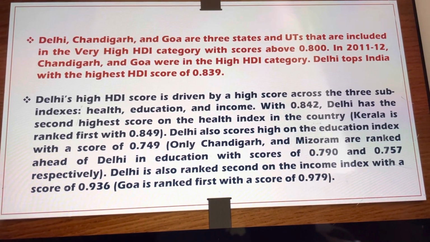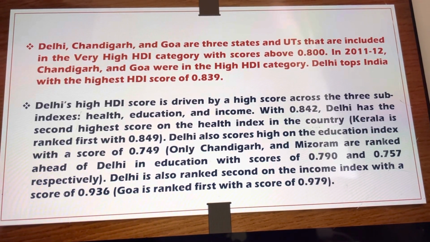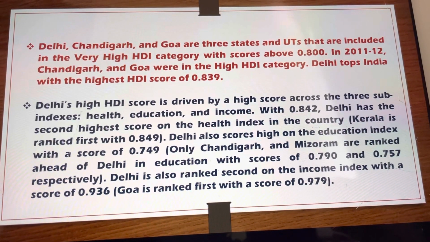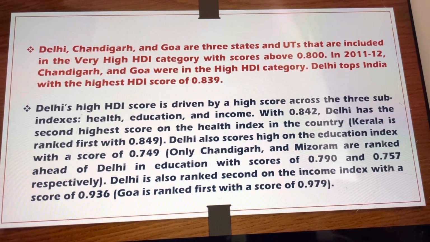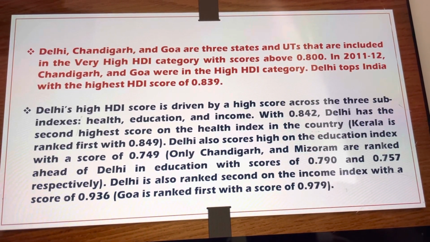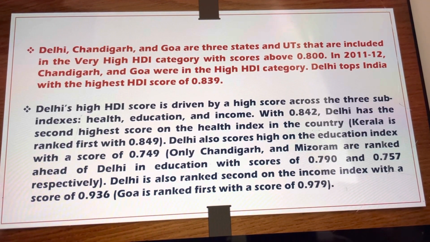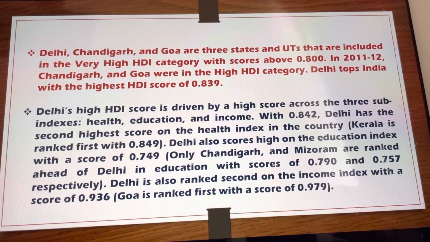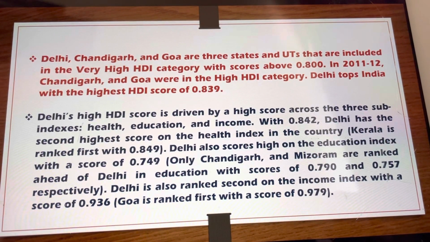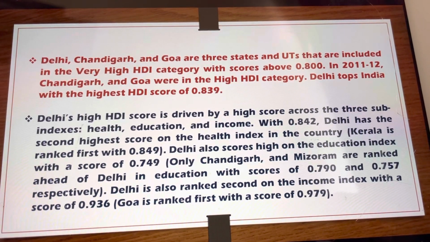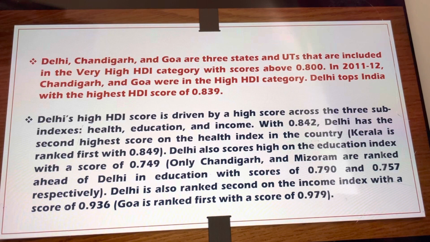Delhi's high HDI score is driven by high scores across the 3 sub-indexes: health, education and income. With 0.842, Delhi has the second highest score on the health index in the country. Kerala is ranked first with 0.849. Delhi also scores high on the education index with a score of 0.749.